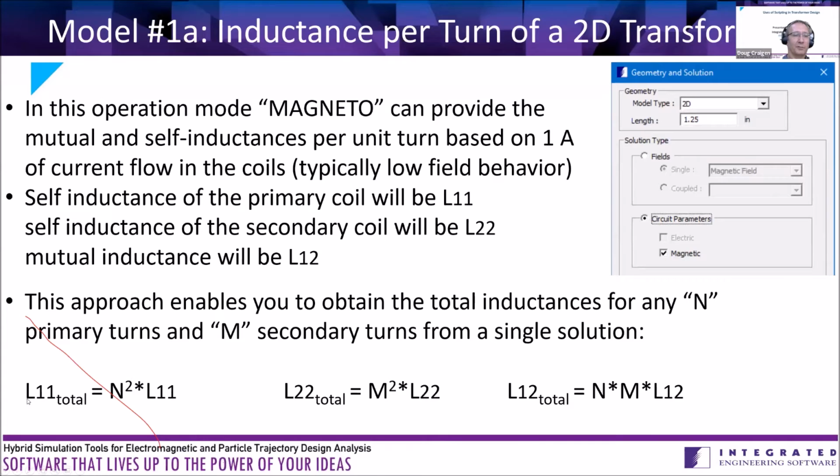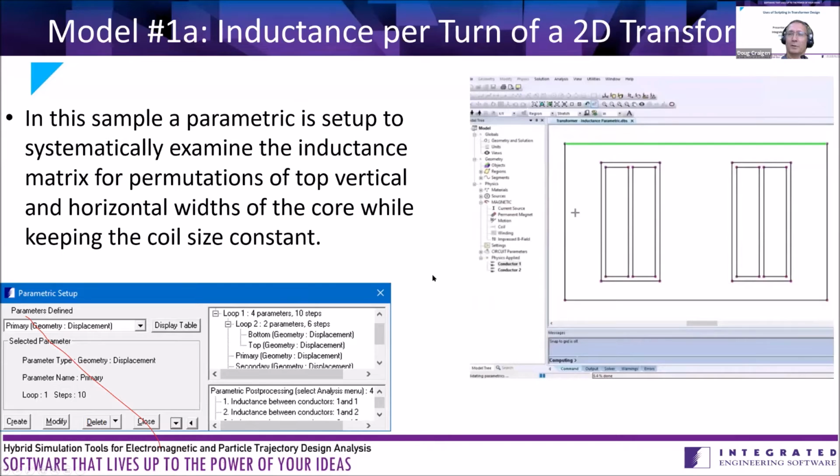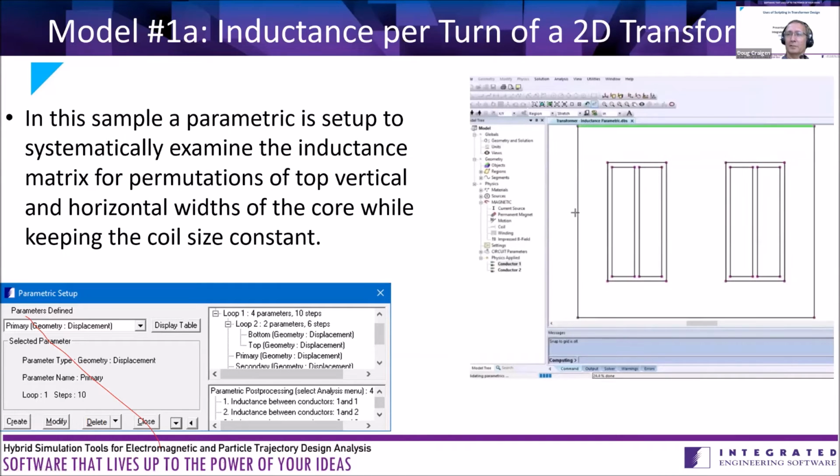The self-inductance of a coil is n squared times the per turn inductance for both the primary and secondary, and then the mutual inductance, the coupling between them, is the product of the two. So working per turn is easy.